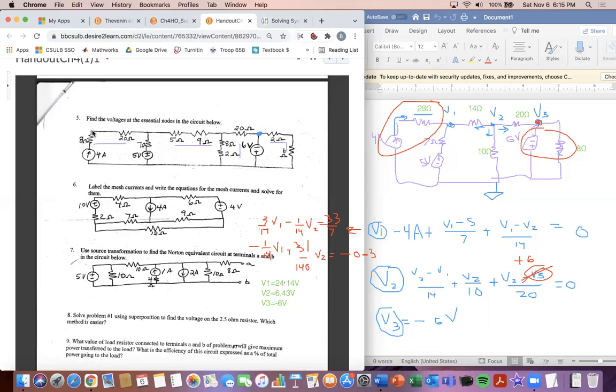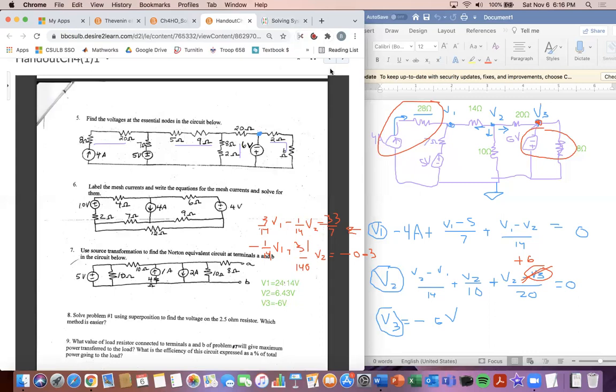We noticed there's a current source here, so that current source would just be the one we needed going through up here. We also noticed this voltage source determined the potential at this node, so we're able to write for V3 -6 volts. We solved it using our node voltage methods and got these 3 solutions.